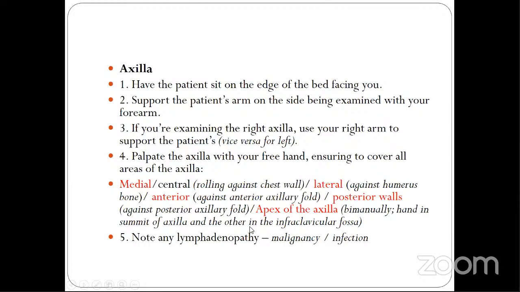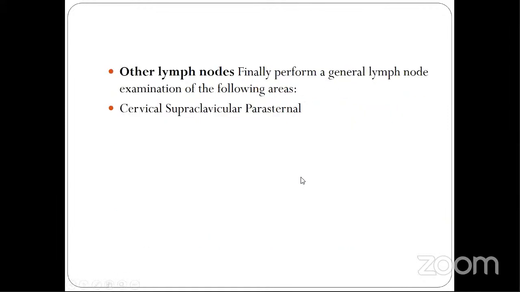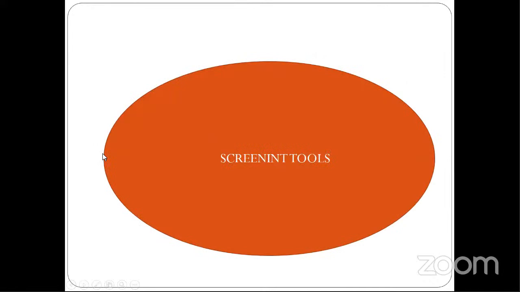If you find a lymph node, you have to suspect malignancy or infection. Other lymph nodes should be examined, such as cervical, supraclavicular and parasternal lymph nodes.